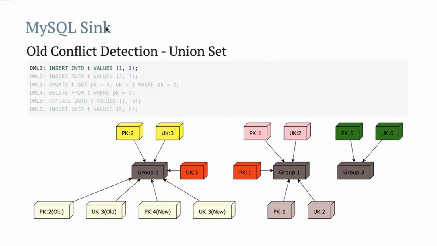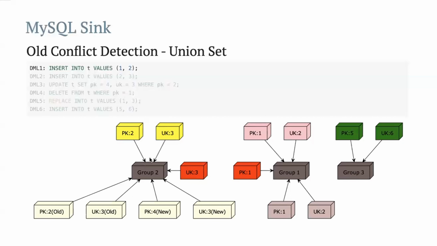If we ignore DML5 for a moment, we can group the events as follows. Group 1 contains DML1 and DML4 because they modify the same primary key 1. And group 3 contains only DML6.